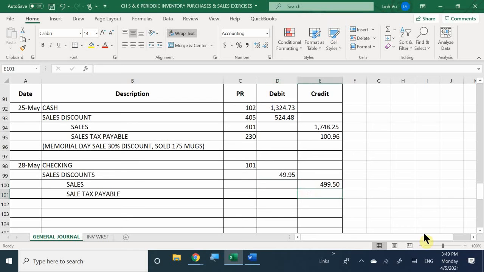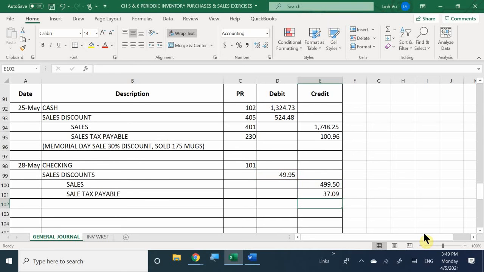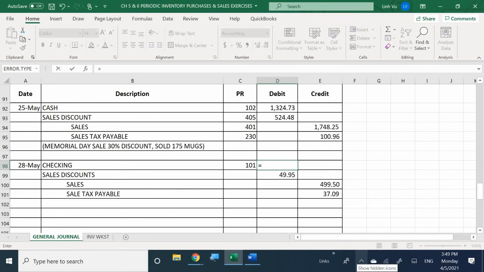How much tax are we being charged? $37.09. Okay, so remember it's based on the discounted amount. So how much cash am I actually going to be receiving? Or I'm sorry, credit.